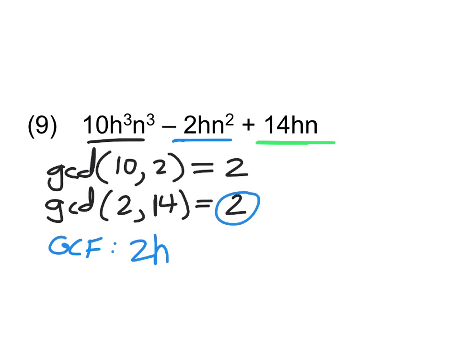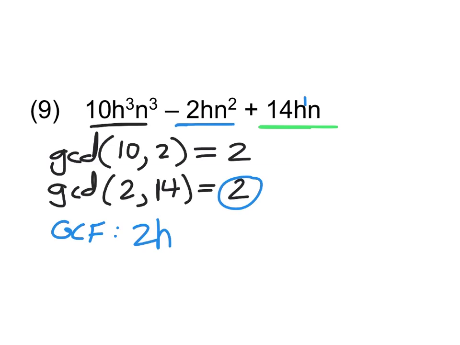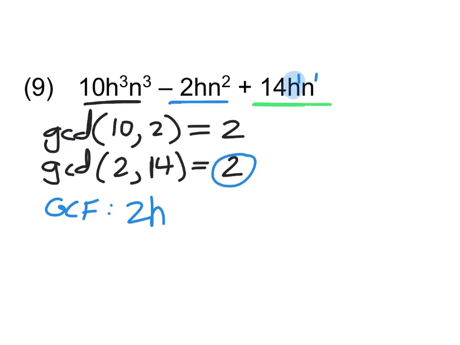So I'm just going to write an h. All right. So I'll just tuck the 1 in there, but this is the one that we want. All right. What about the n's? Yeah, same deal, right? Also n to the first. So that's our GCF. So that's the expression that's going in front of the parentheses.